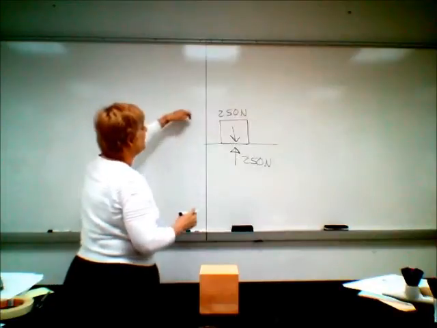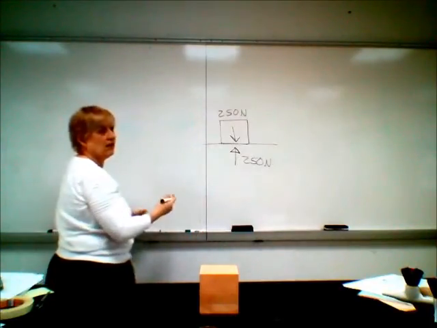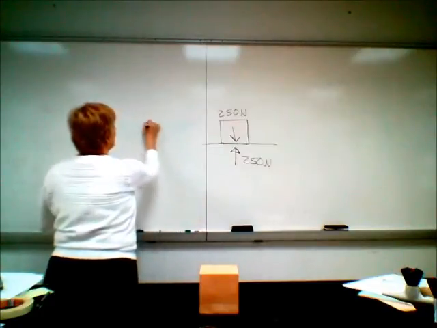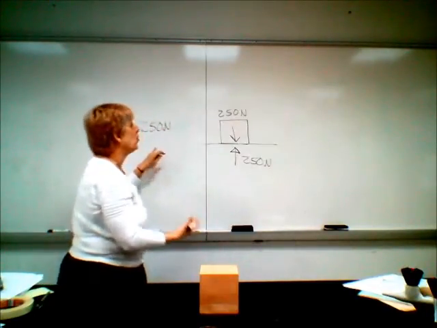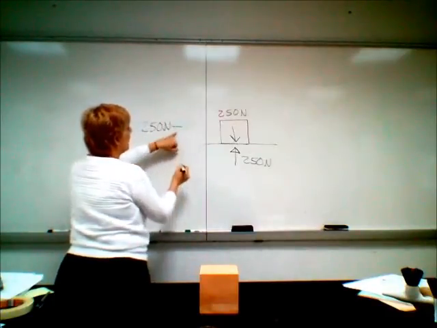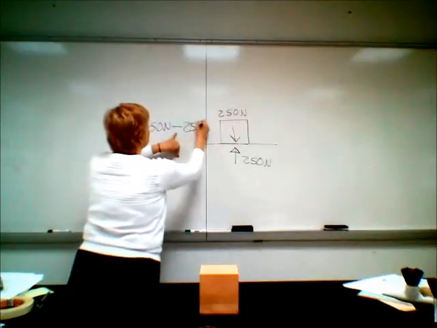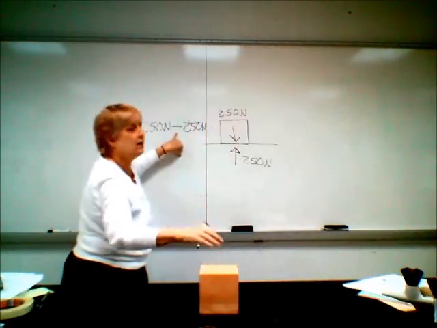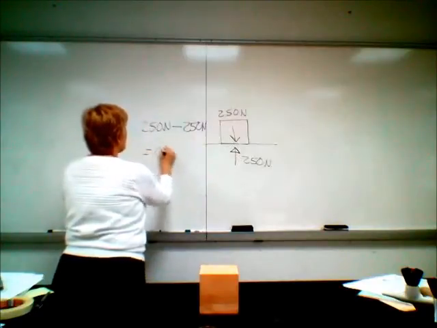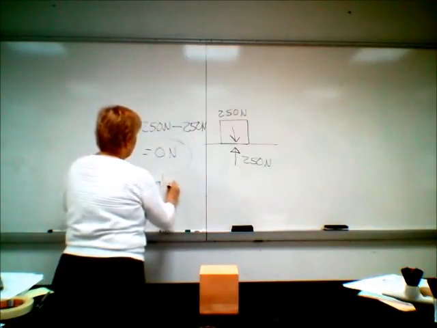So if I say that downward is positive, in this case, I could have done the opposite, we have the 250 newtons due to the force of gravity, due to the weight of the block, minus, just showing it's in the opposite direction, the 250 newtons due to the upward pushing of the table on the block. So the net force is 0 newtons. It is balanced.